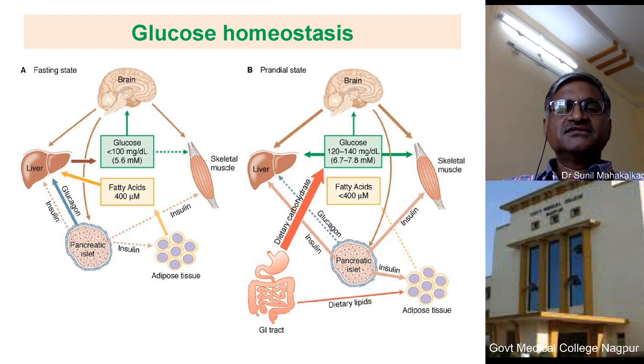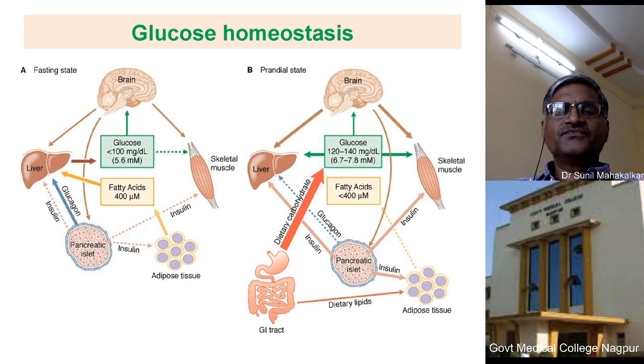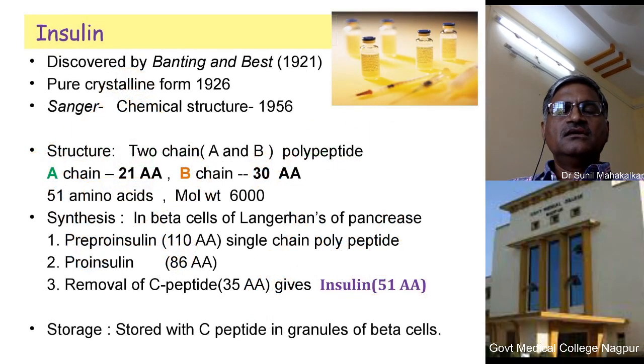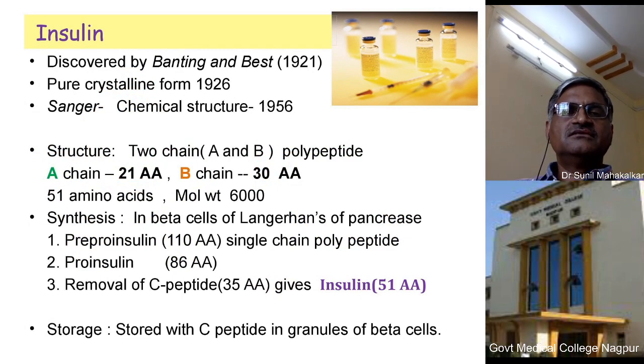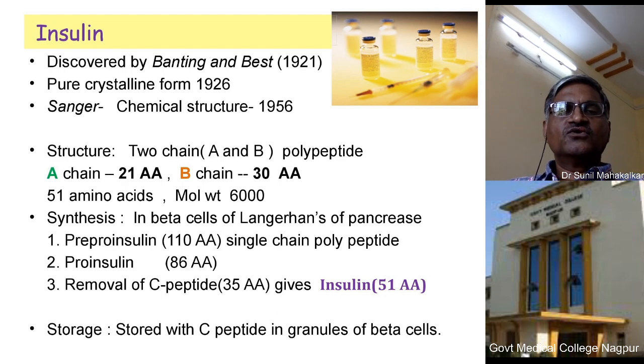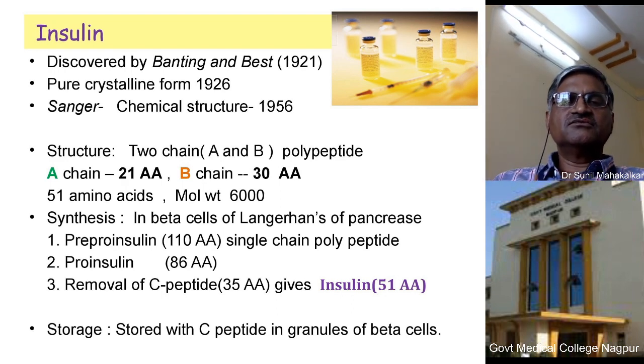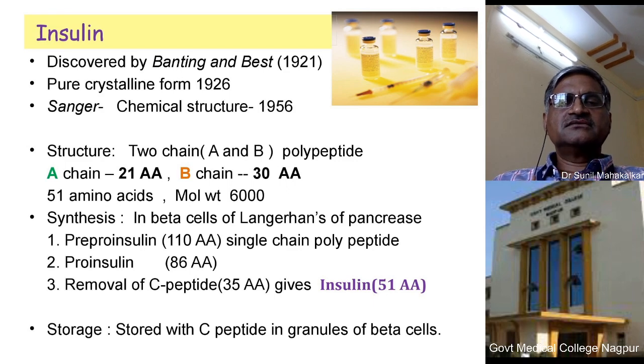In the state of deficiency of insulin, this glucose homeostasis goes haywire, and therefore there is derangement in all these metabolic processes, which then leads to complications. So we know that insulin is the most important hormone, secreted by the beta cells of islets of Langerhans, which is deficient in diabetes.